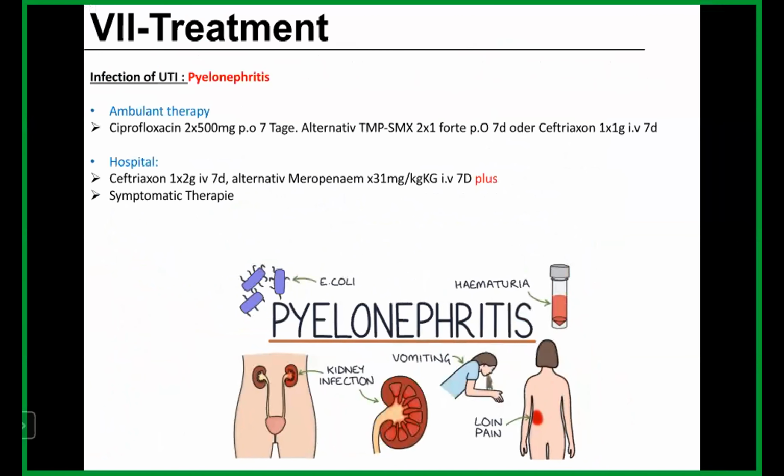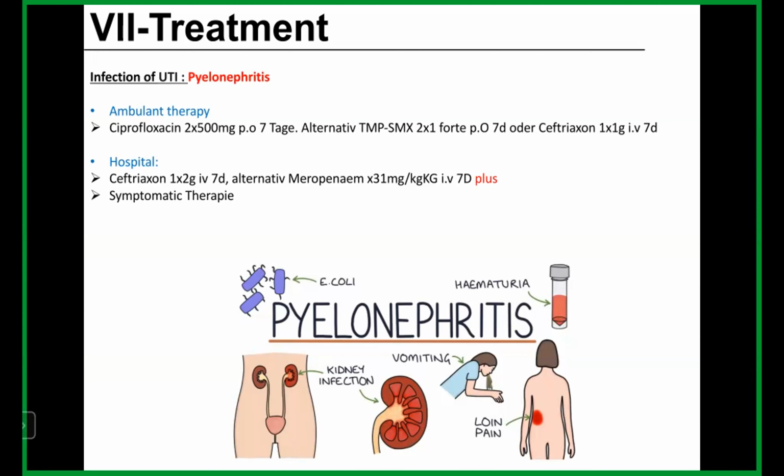So if a patient comes with pyelonephritis, we could also make ambulant therapy. It means we should not take the patient in charge at the hospital. We could start the therapy, the patient could go home and come for a control in 2-3 days. Or we could take the patient at the hospital, which means hospitalization.